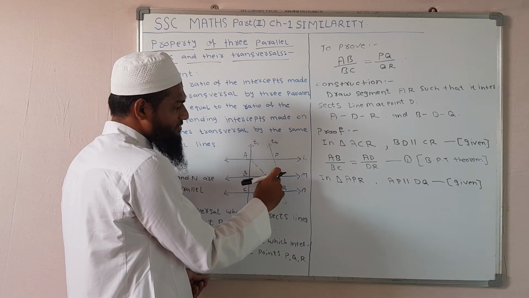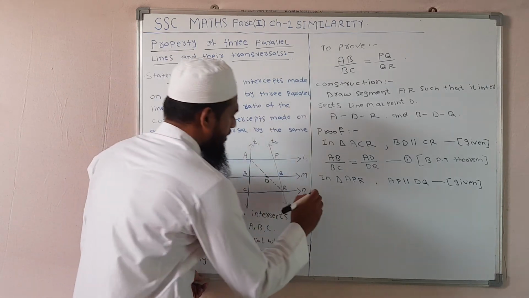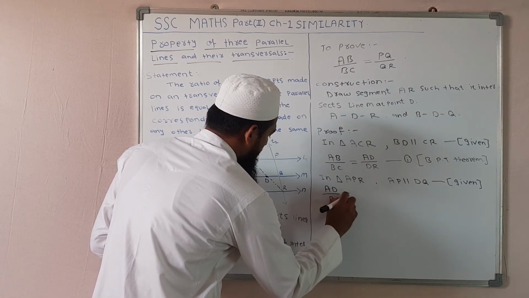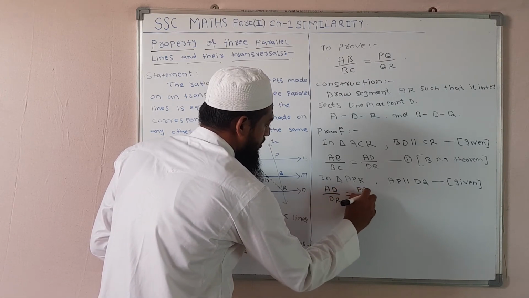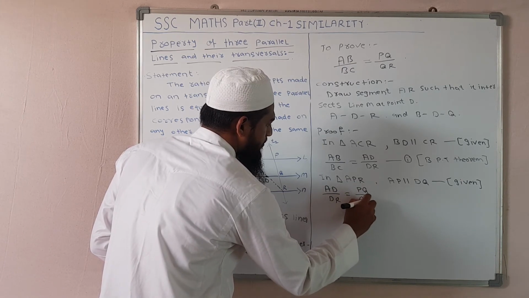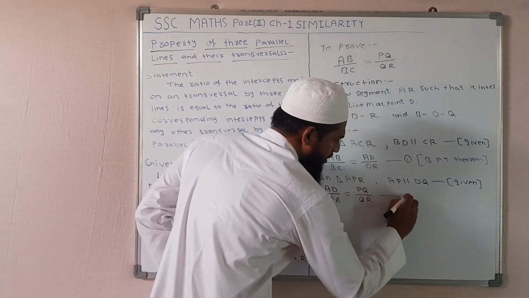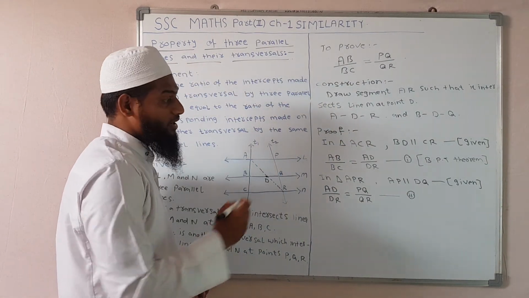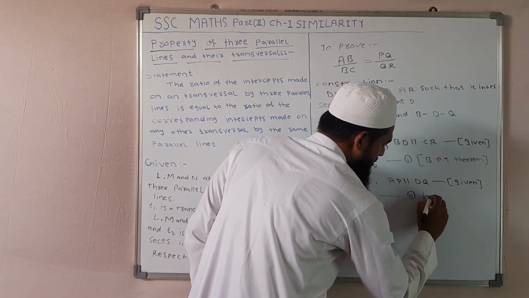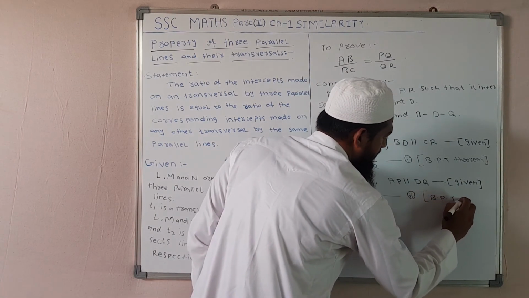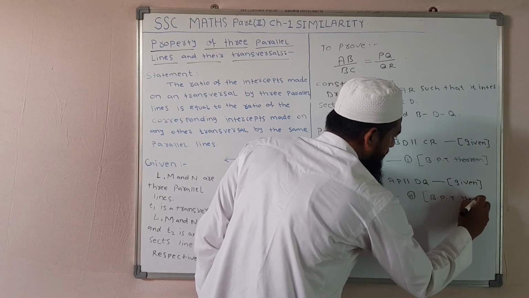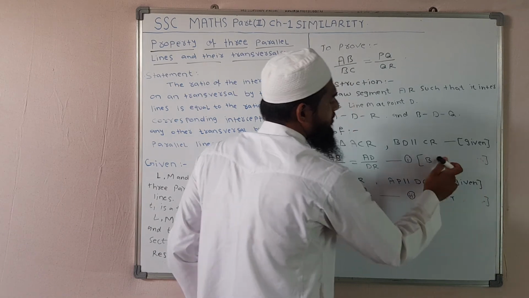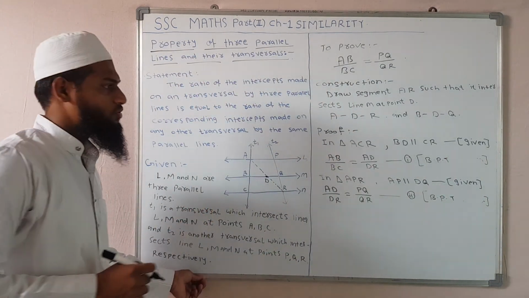AD upon DR is equal to PQ upon QR, and give the equation number 2. And the reason? Same, the basic proportionality theorem, BPT theorem. Then here there is no need to write the theorem again.